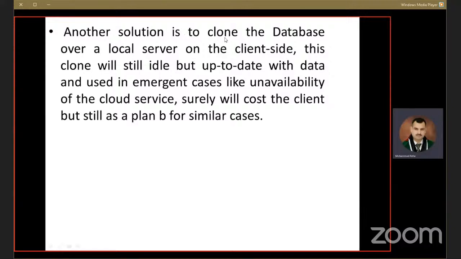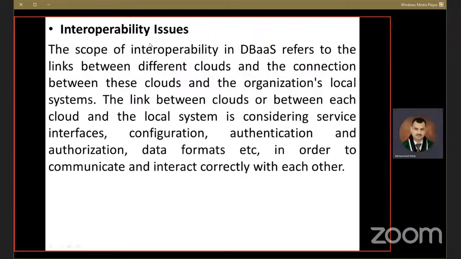Another solution is to clone the database over a local server on the client side. This clone will stay idle but up to date with data and be used in emergency cases like unavailability of the cloud service. It will surely cost the client, but it is still a plan B for similar cases.